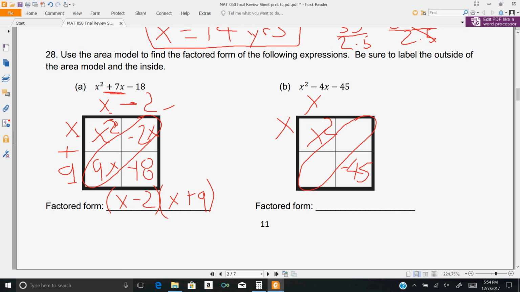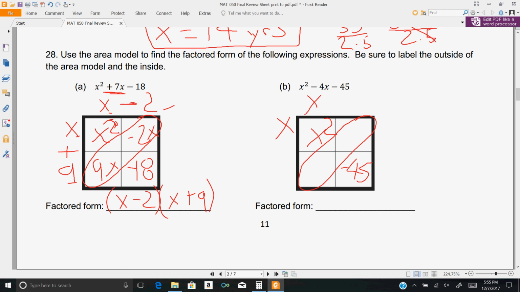So if I look at the things I can do, I could do 1 times negative 45. I could not do negative 1 times 45 because that would give me a positive value. I need a negative value. But adding 45 and negative 1 does not give me 4. It gives me 44. So I'm going to try 9 and 5, which gives me 45.